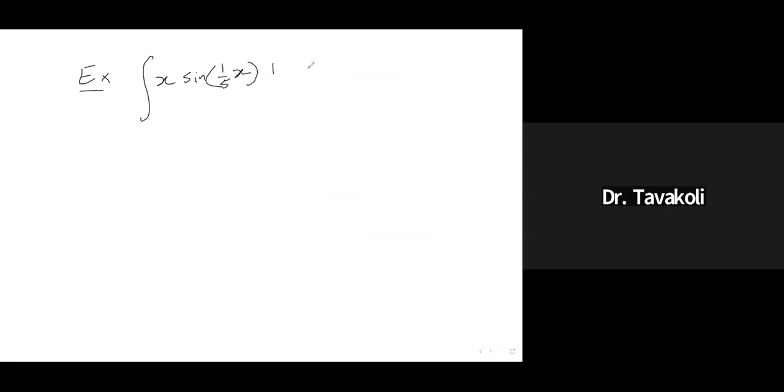So that k, that coefficient of x in the previous example was 5, but in this example, it's 1/5. So please try this on your own and then watch the video to see if you got the same answer or not.